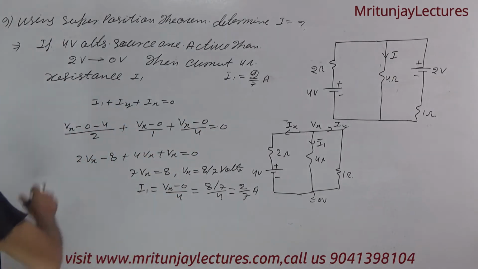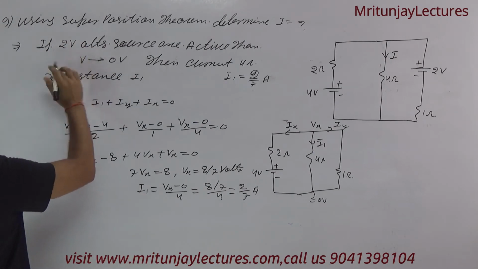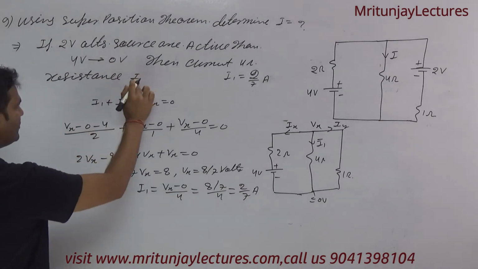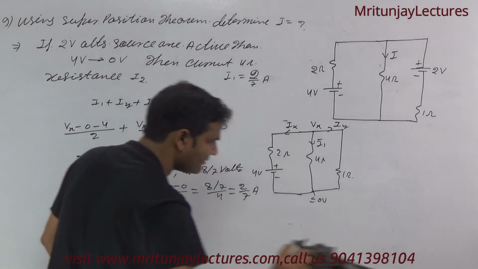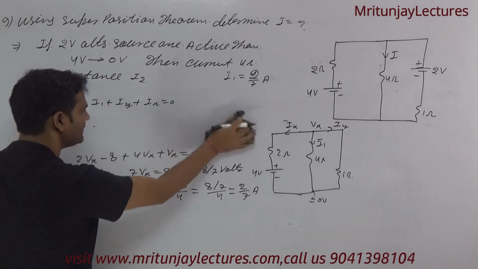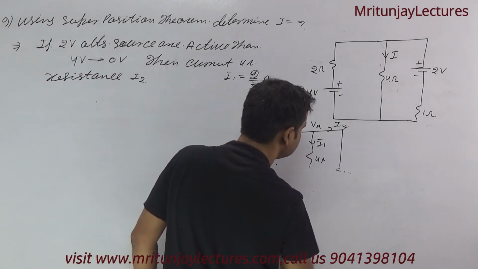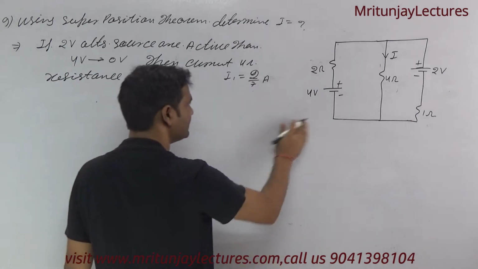Now another way: if the 2 volt source is active, then the 4 volt source corresponds to 0. Then what about current? We have considered I2. How can we proceed?